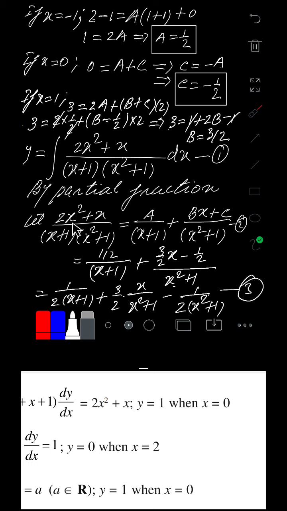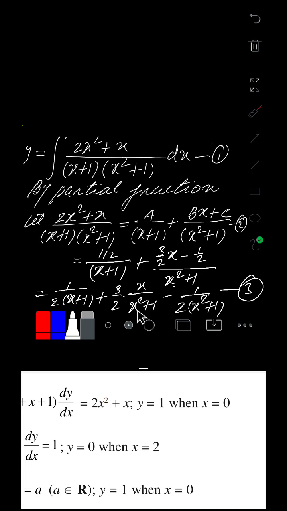So this expression, 2x square plus x upon (x plus 1)(x square plus 1), is equal to 1 upon 2(x plus 1) plus 3 upon 2 into x upon x square plus 1 minus 1 upon 2 into 1 upon x square plus 1. So now we have to replace this expression with the help of equation number 3. Proceeding from this step, we replace the expression x square plus x upon (x plus 1)(x square plus 1) by this expression.